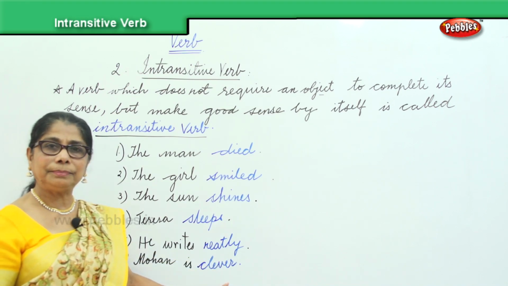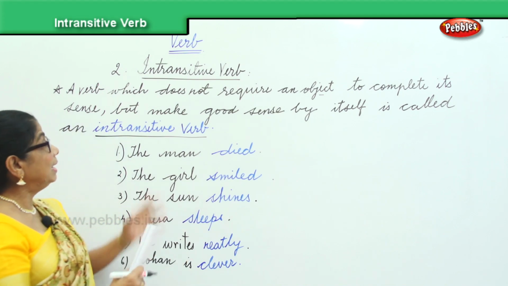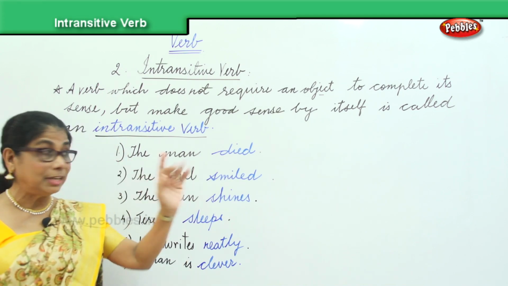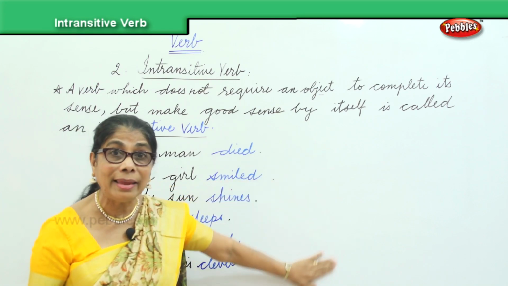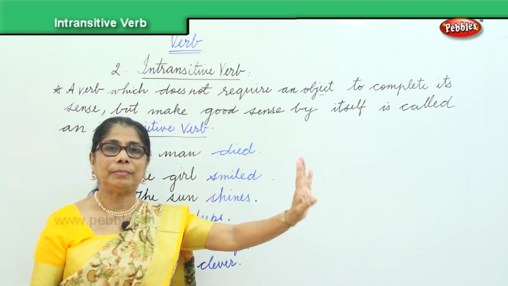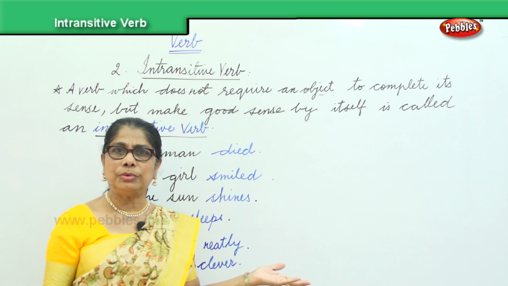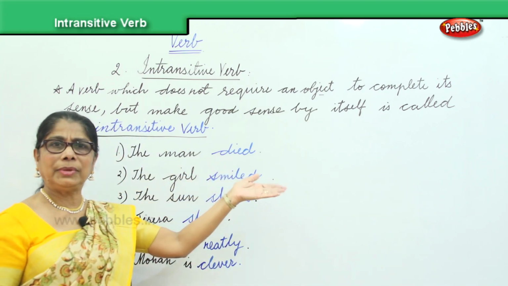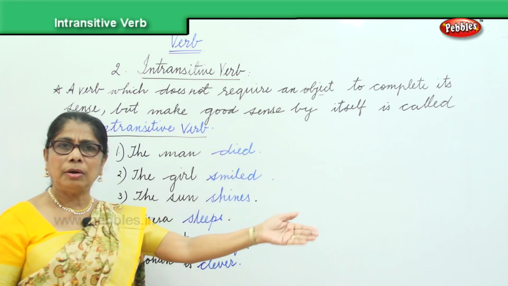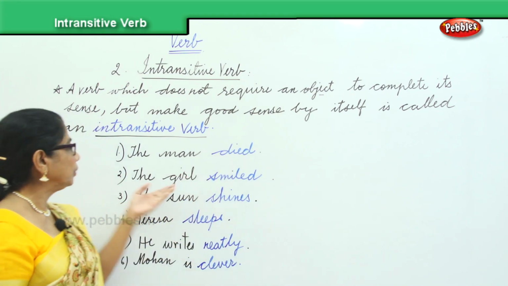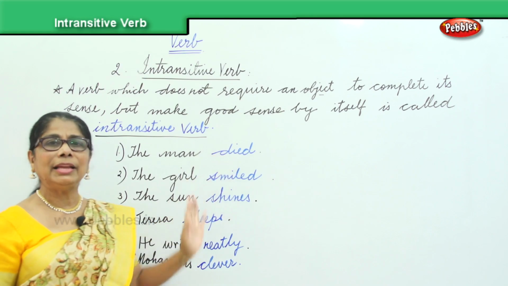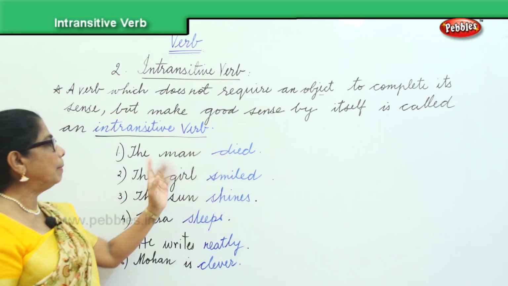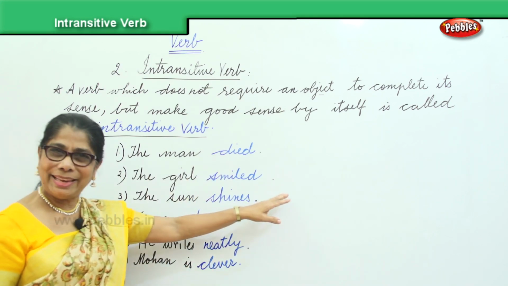Mohan is clever. So, an intransitive verb does not require an object to complete sense. By itself, it makes good sense. The man died. He died on the road, in the house, in the class, we don't know. No need. But by itself, it makes sense. It's a complete sentence. The girl smiled.